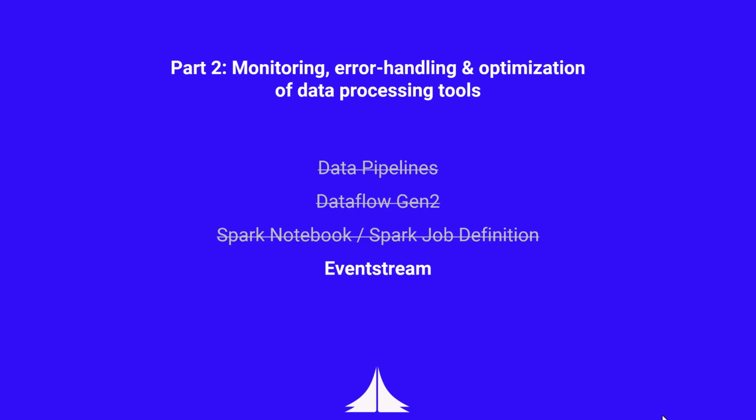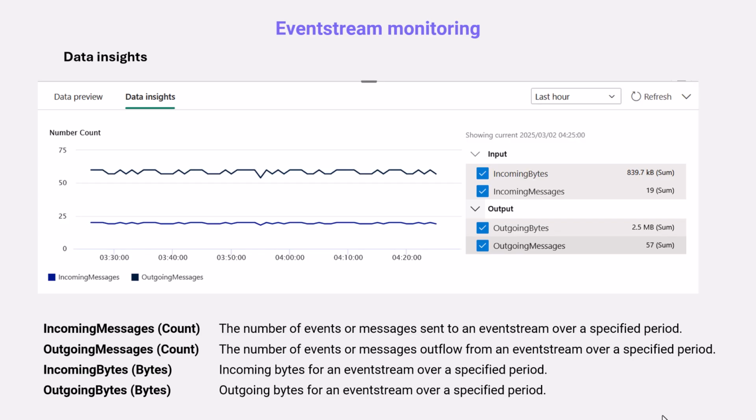Next, let's talk about the event stream. So the event stream has a few different monitoring aspects available. Number one is data insights. Inside an event stream, you'll see this tab down the bottom called data insights, and it's going to tell you 4 different metrics.